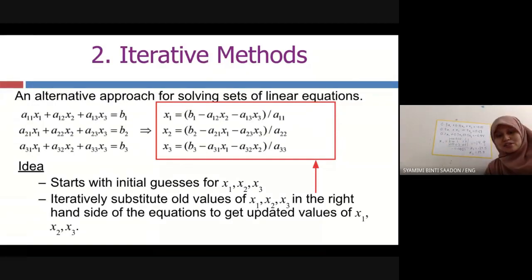So we need to start with an initial guess for x1, x2, x3, and then iteratively substitute all values of x1, x2, x3 in the right hand side of the equations to get updated values. Basically in the iterative method, what we're going to do is, for example, choose x1, x2, x3 as 0 as the initial values.